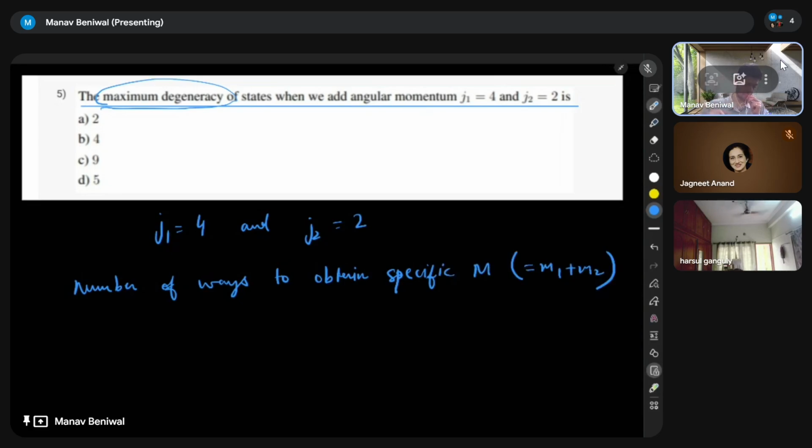That is the degeneracy. Now for J1, because J1 is 4, what are the possible values of m1? m1 varies from -4 to +4, and m2 varies from -2 to +2.